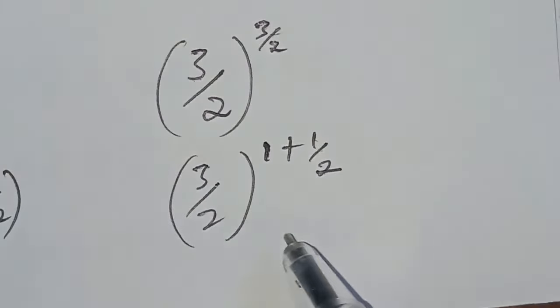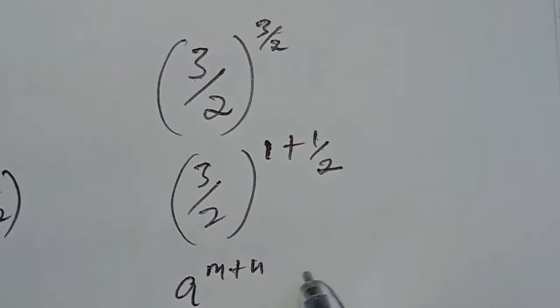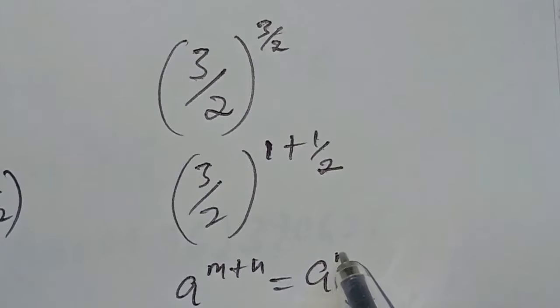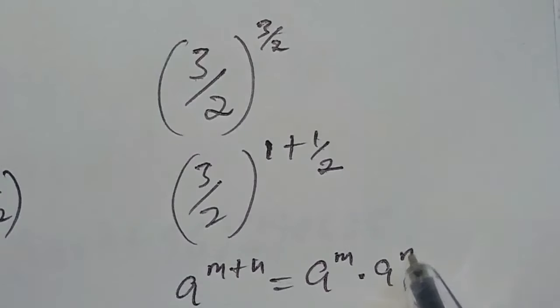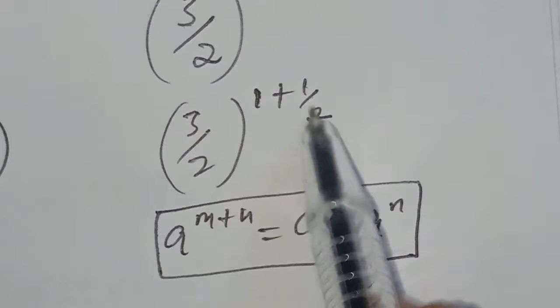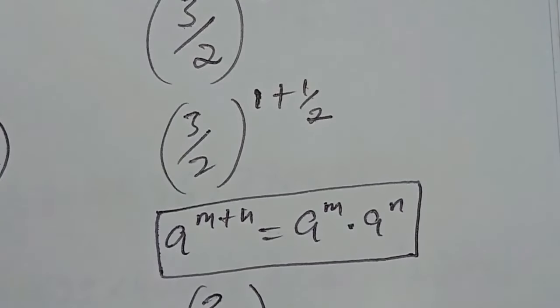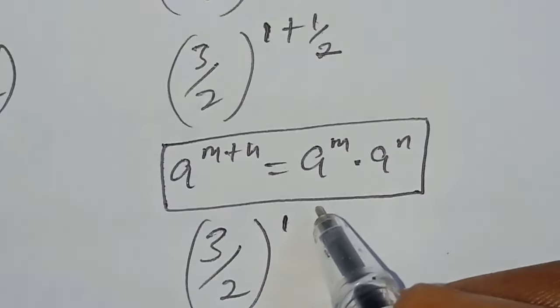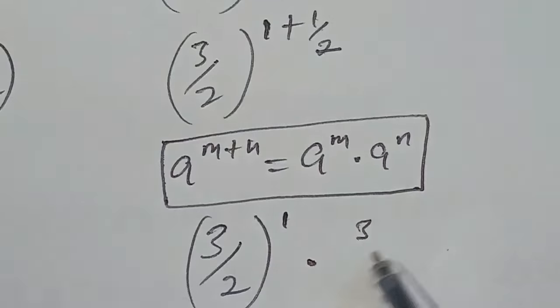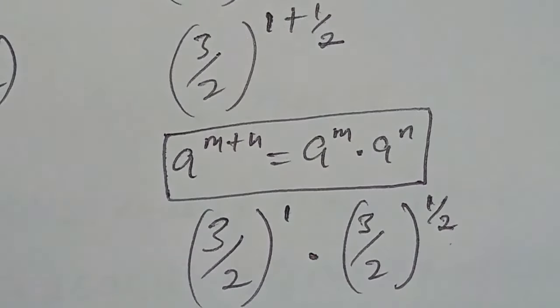Using our identity, which implies base a to the power of m plus n is equal to base a to the power of m multiplied by base a to the power of n, we use this to simplify, and we have 3 over 2 in brackets to the power of 1 multiplied by 3 over 2 in brackets to the power of half.